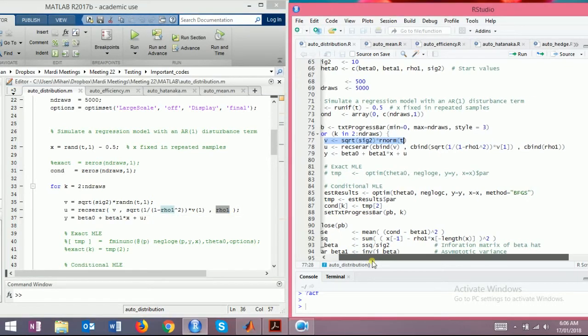Okay, so in R we run the rexorder because we loaded the package already before. Column bind, we want v to be in columns, then column bind square root of 1 divided by 1 minus rho square multiplied to v1.